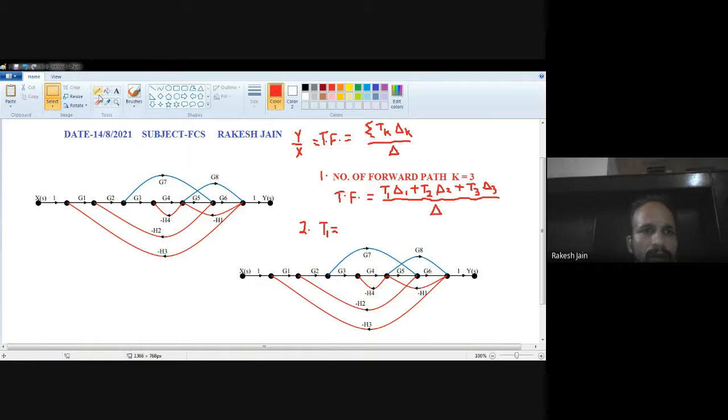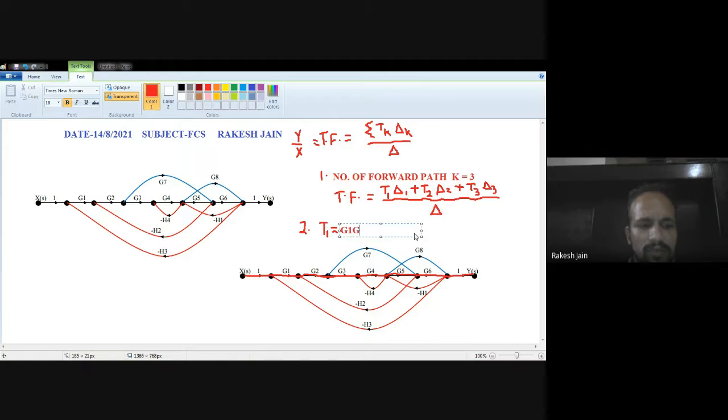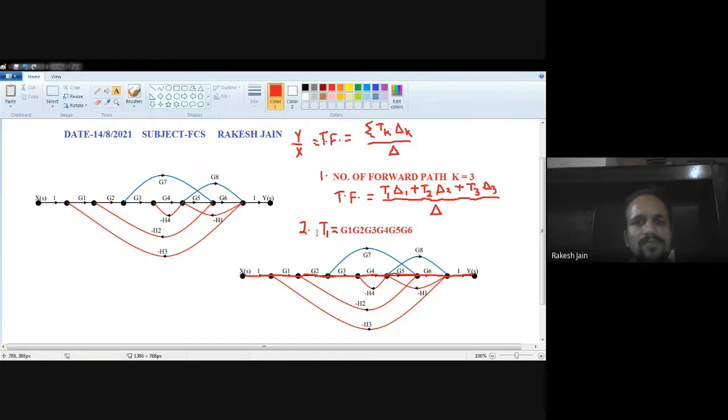The first forward path is this one, the straightforward path: 1, then G1, G2, G3, G4, G5, G6, then 1 again. So T1 is G1, G2, G3, G4, G5 and G6. This one will be the first forward path.